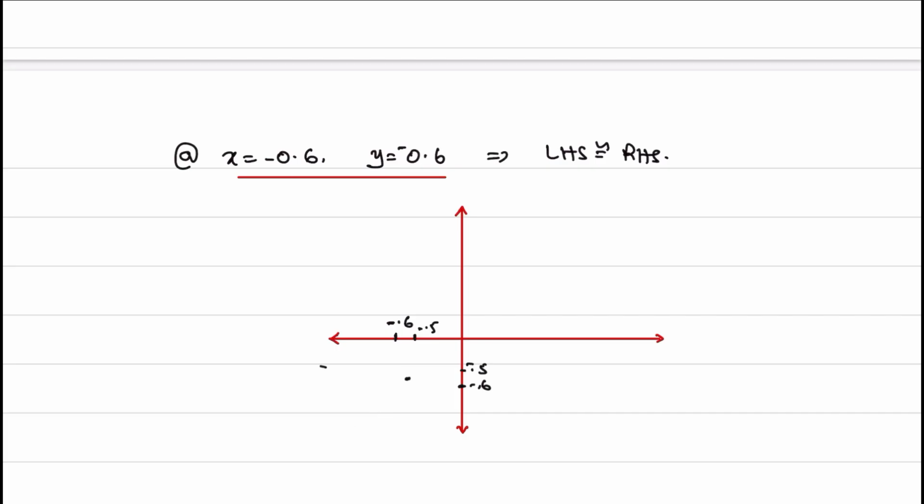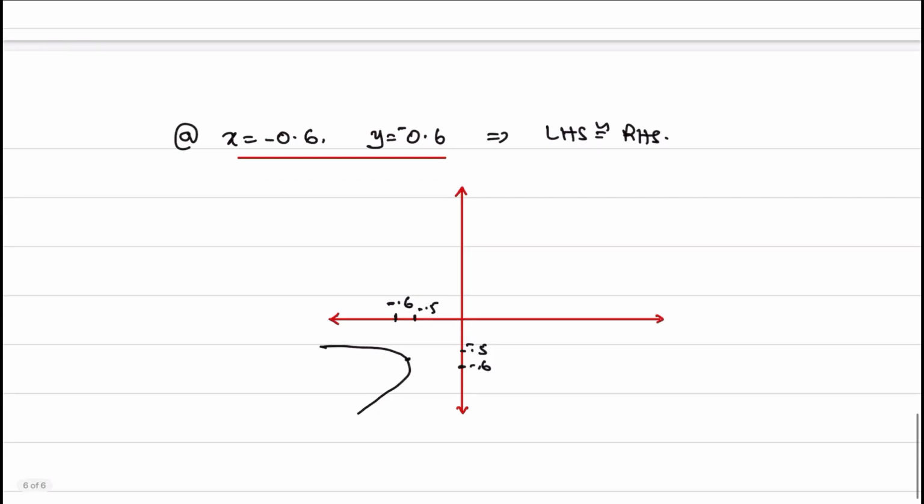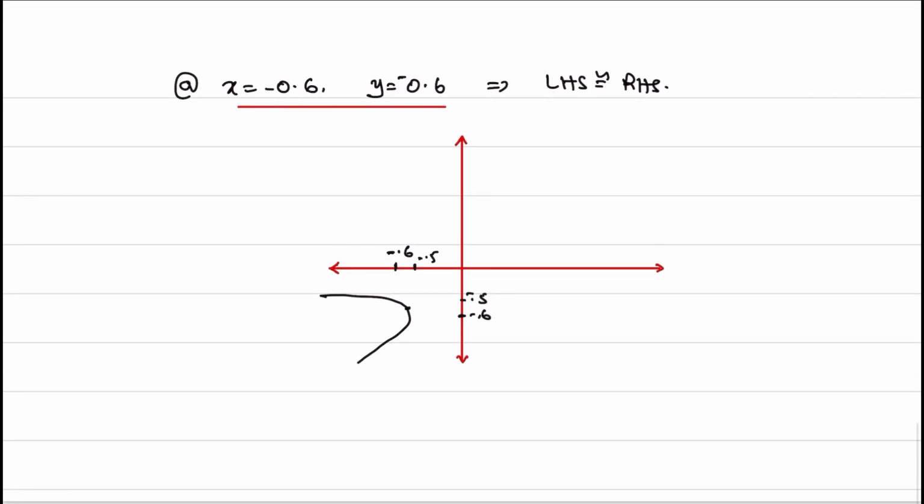This is the shape of the curve. Further, we can analyze for different values, and we can draw the perfect curve with the help of numerical analysis.